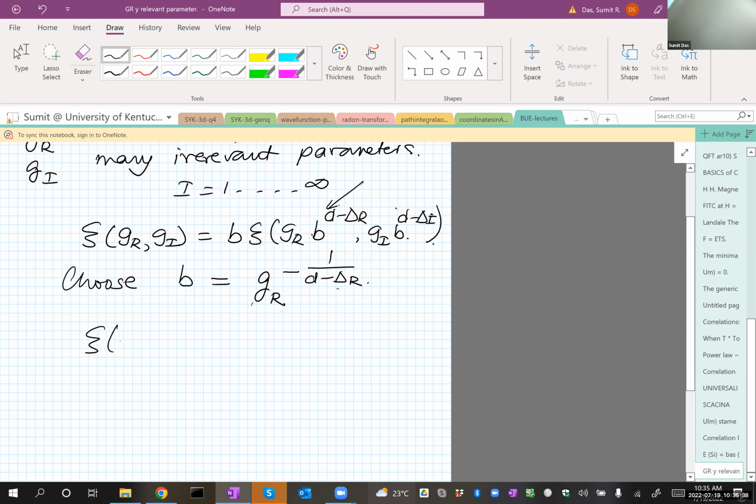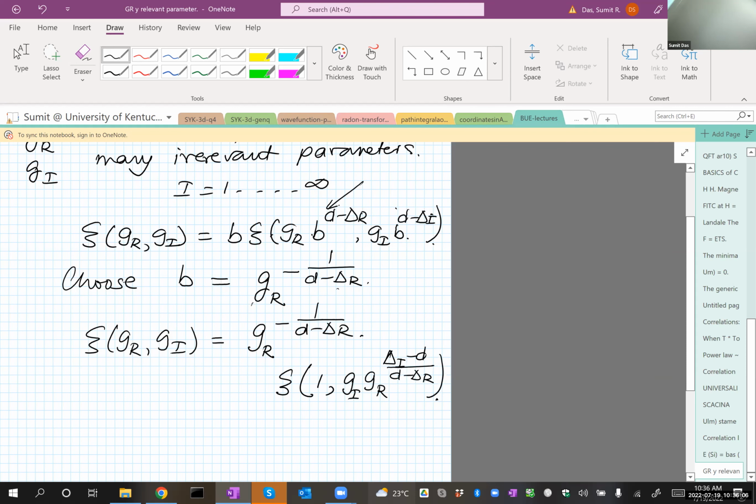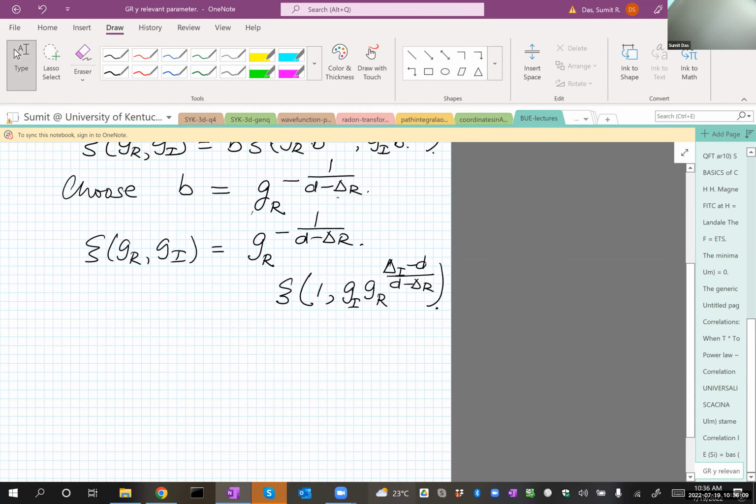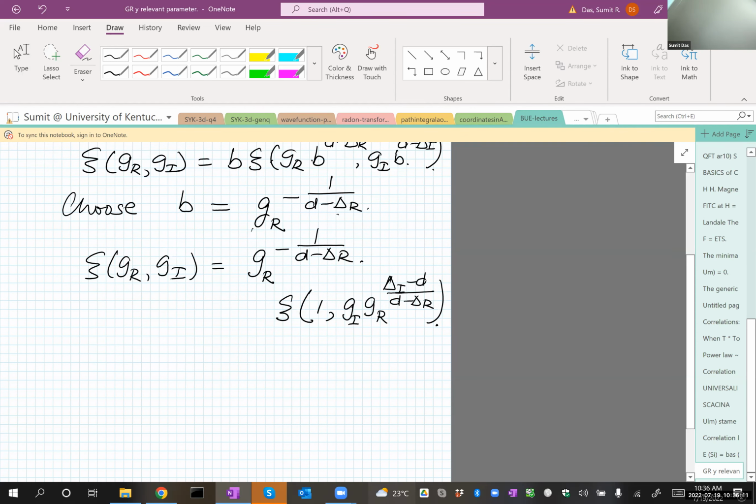So I get an equation which tells you... Now you see what happens.